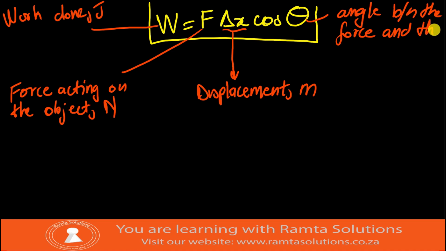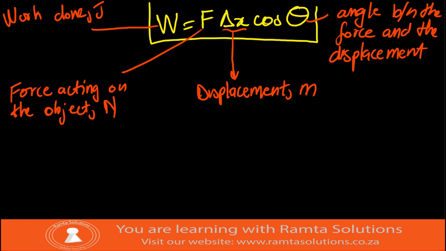So this is the equation of your work done. This is how you calculate your work done: work done is equal to force times displacement times cos of the angle between the force and the displacement.